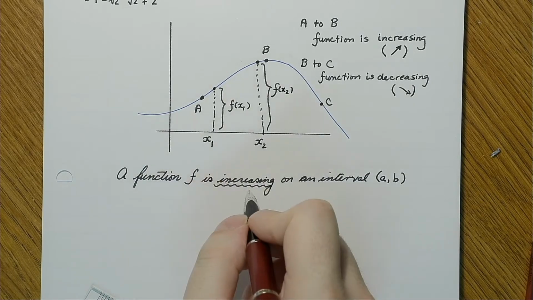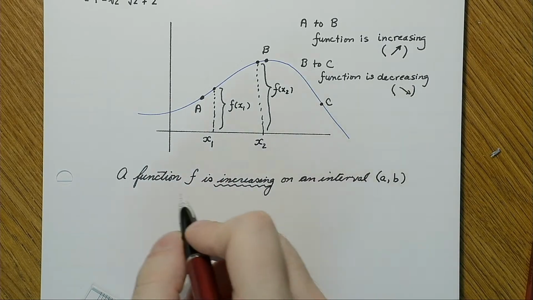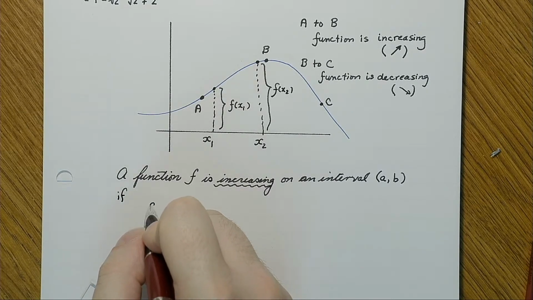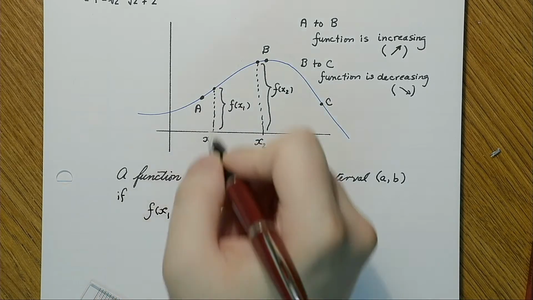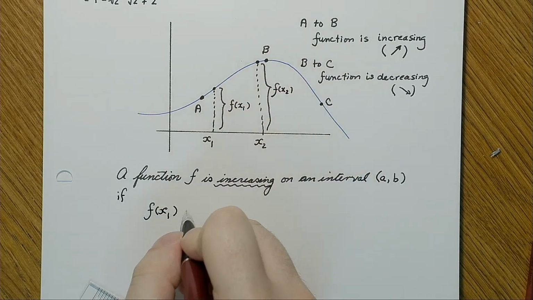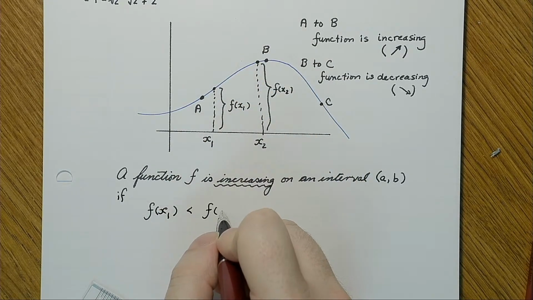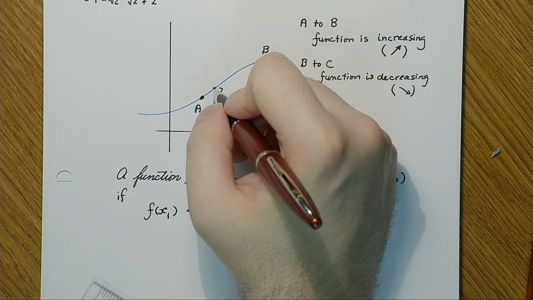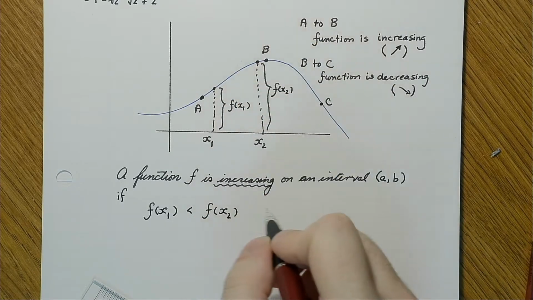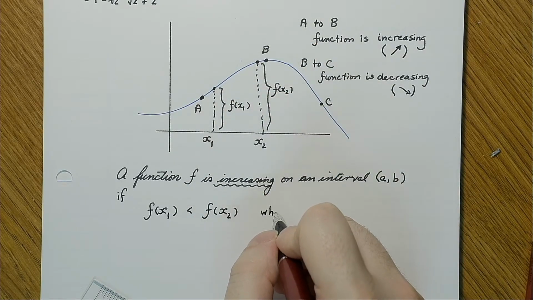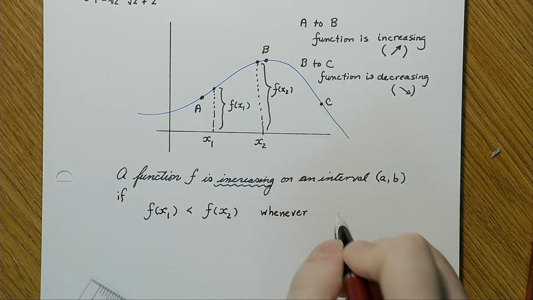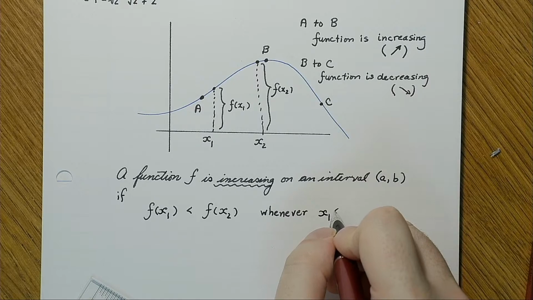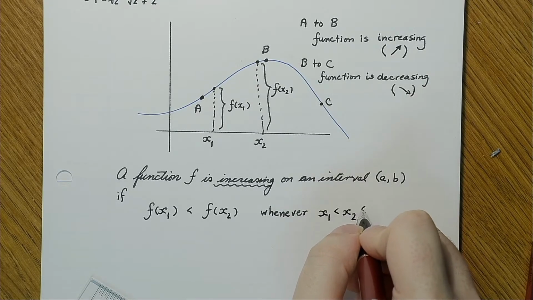So we'll say that this function f is increasing on an interval if f of x1 is less than f of x2. So this value is less than this value, for all the values x1 less than x2 in the interval.